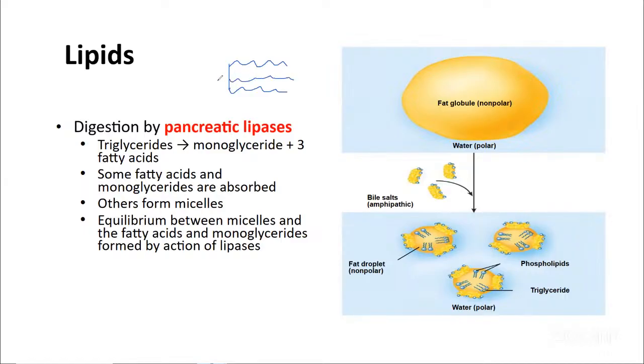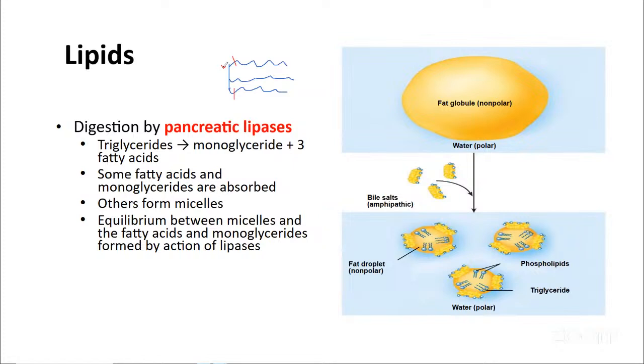So we're going to see our pancreatic lipases chopping fatty acid tails off. Okay. So some of these fatty acids and monoglycerides, so we are also going to be working with that glycerol backbone, right, are going to be absorbed into the cell, so across the wall of our small intestine.